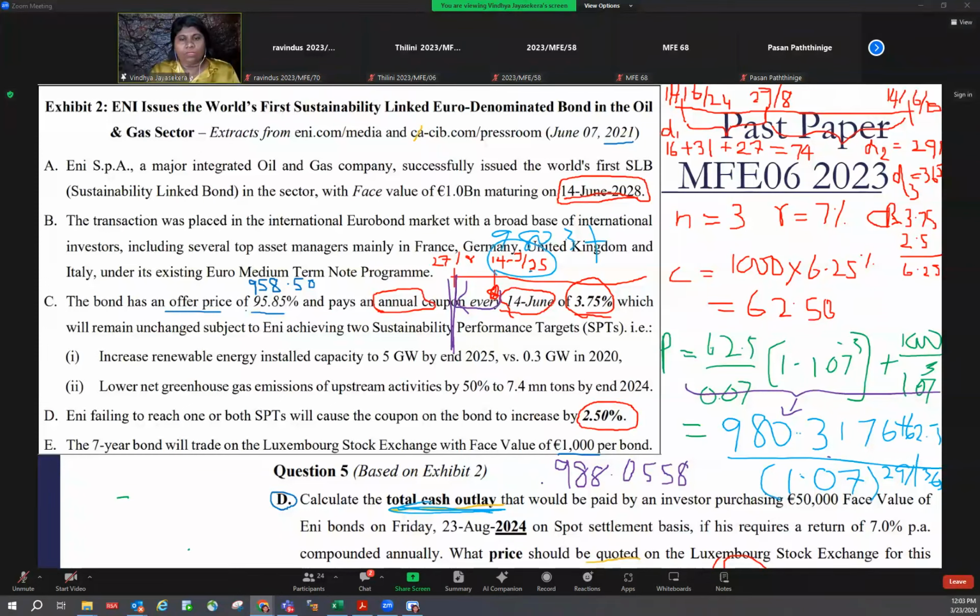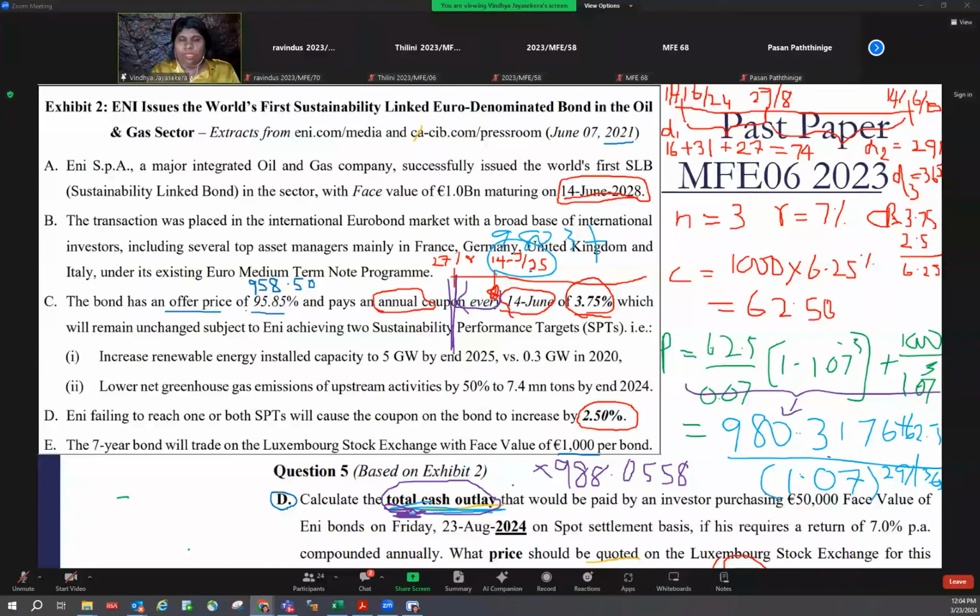So what is this answer? Is this the dirty price or the clean price? Dirty price. For the first part of the question, is this enough? Or is there more you need to do? Do you need to calculate accrued interest? For total cash outlay, what's the next step? Multiplied by the face value. Yes.